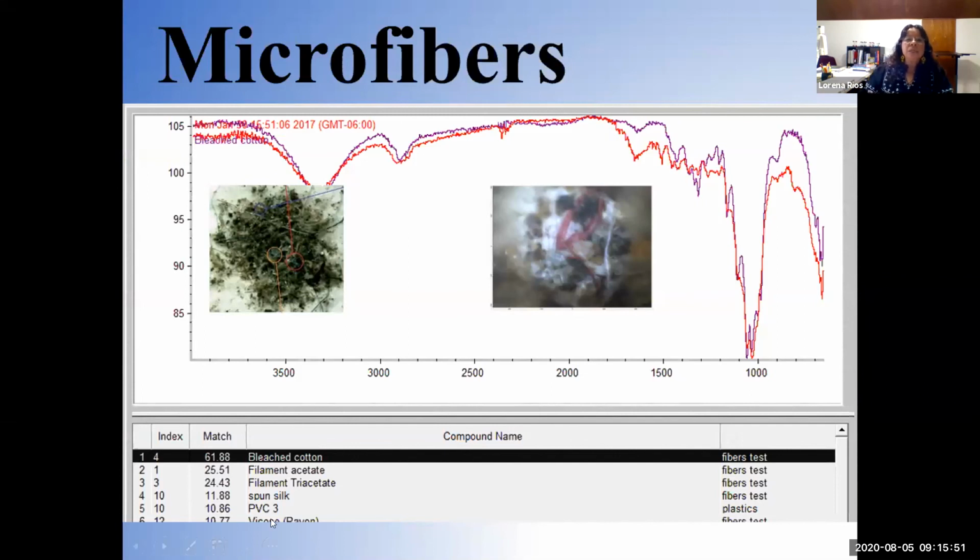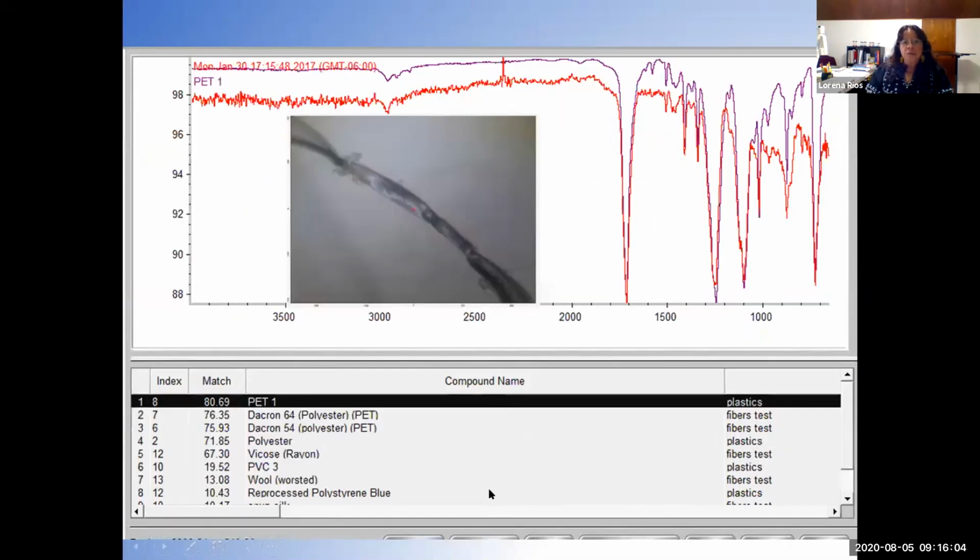We need to take them one by one and do the analysis. For example, this fiber corresponds to cotton, a natural fiber. And this one is polyester, a plastic fiber. But in this case, 60% of the fibers were plastic.